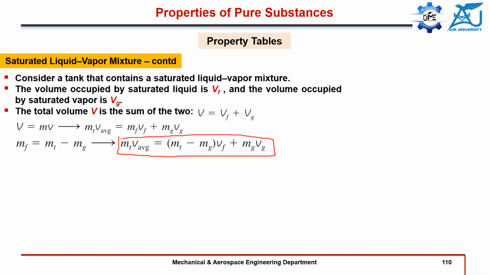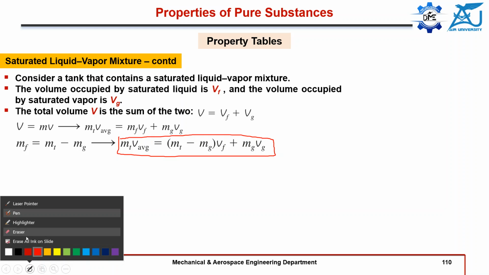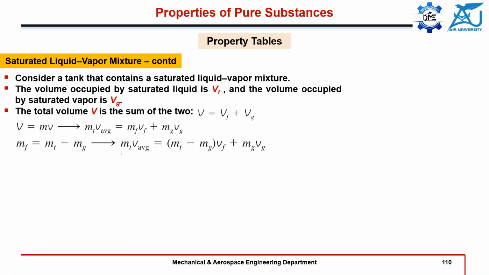What did we do? I've divided this side with mt as well, to eliminate this, and this side as well, mt. So this cancelled.